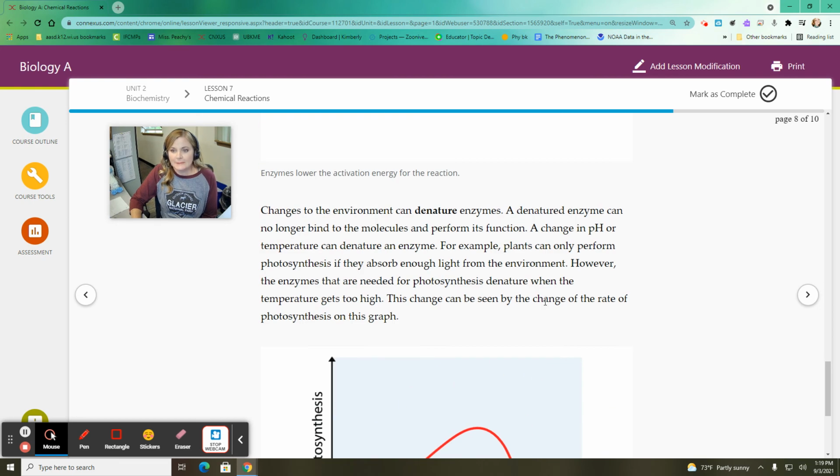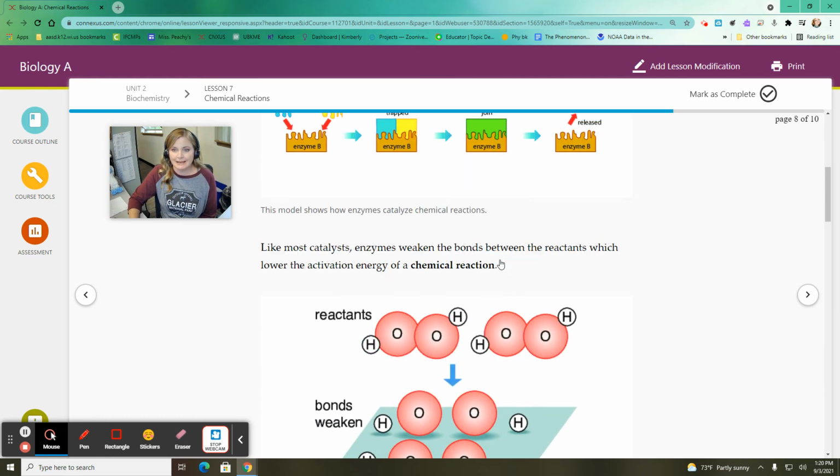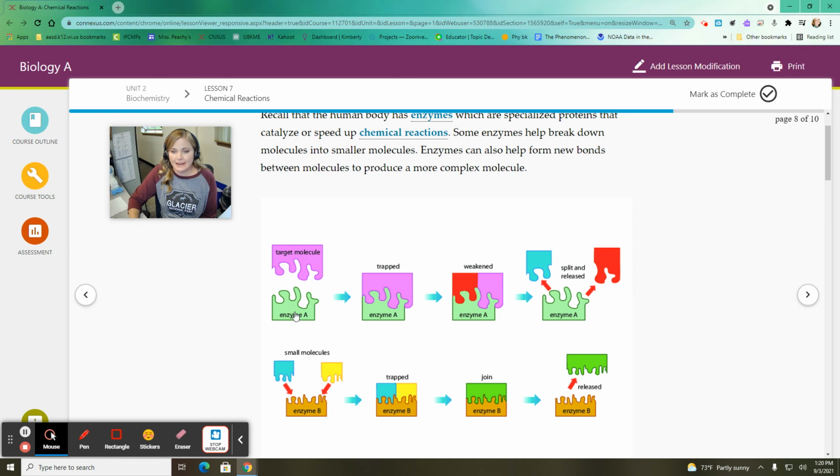Further on, we talk about a word, denatures. Sometimes environmental changes can cause an enzyme to change shape and break apart, which causes it not to be able to do its function. If we see that lock and key model, if the enzyme wasn't the right shape, it could not bond with the target molecules, and therefore it couldn't do its job.